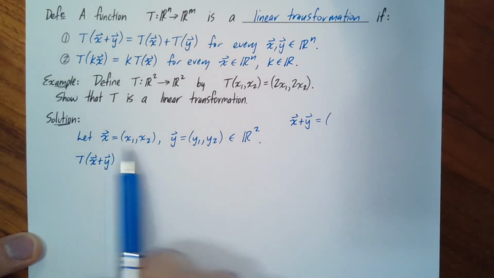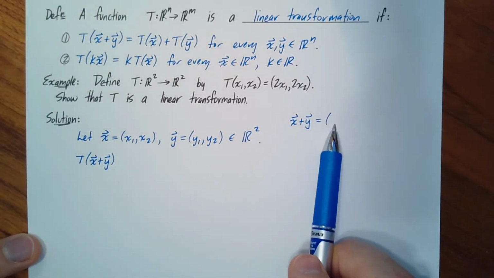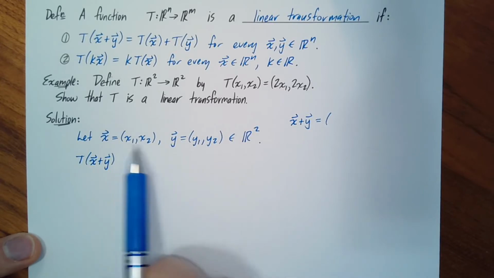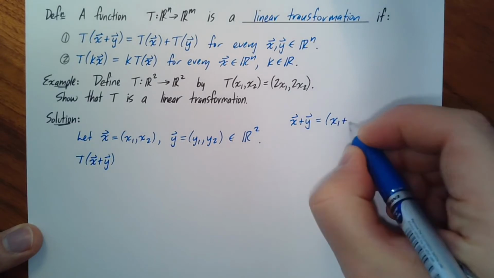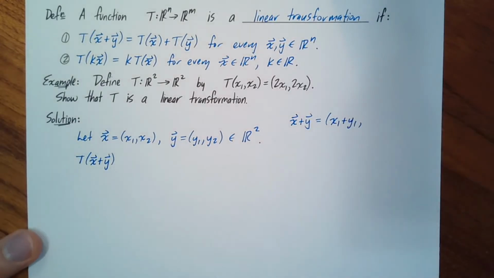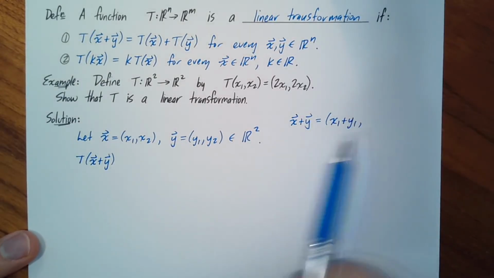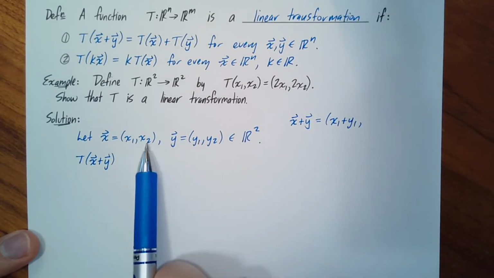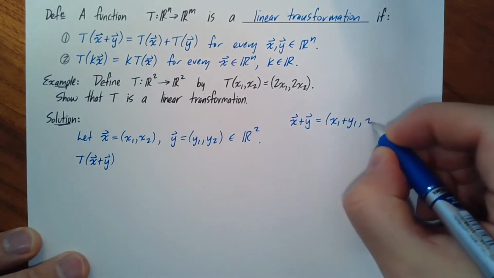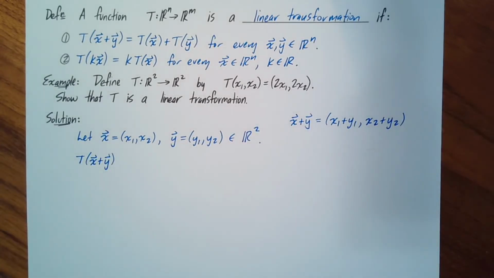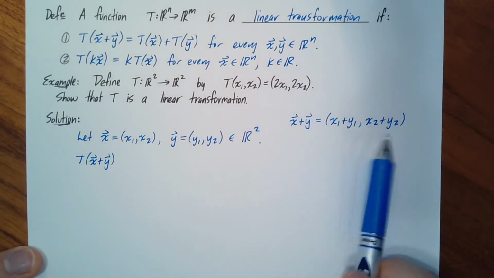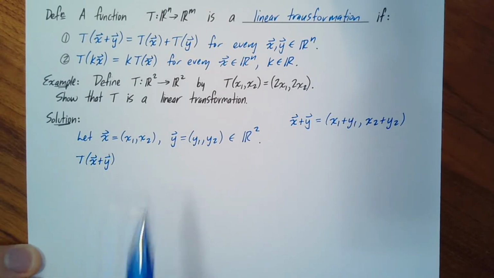They're both coordinate vectors with 2 coordinates, so the first coordinate of x plus y is going to be the sum of the first coordinates of x and y. So this is going to be x1 plus y1. And then the second coordinate of x plus y is going to be the sum of the second coordinates of x and y. So it'll be x2 plus y2.